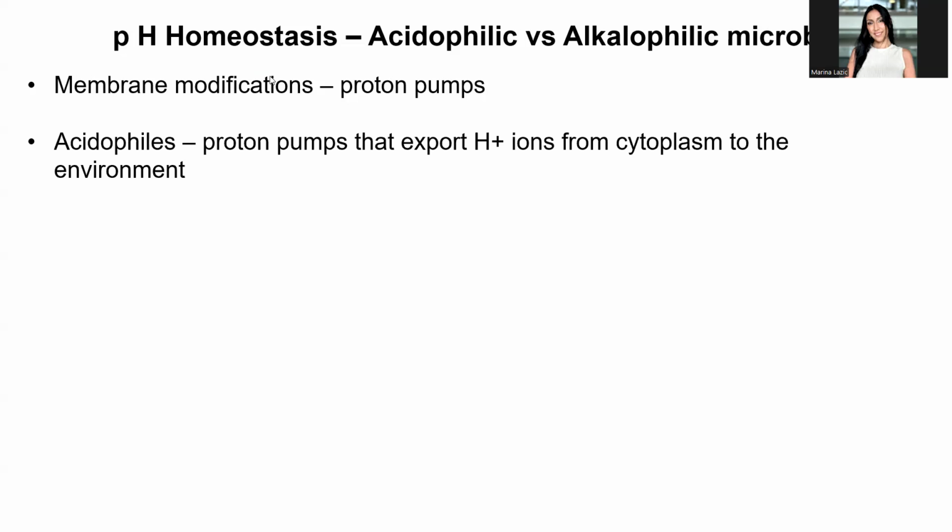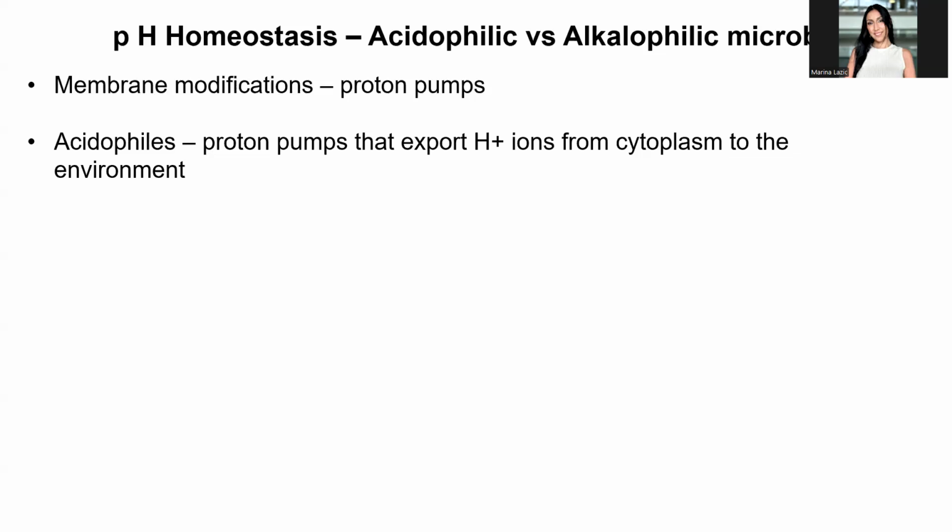So acidophiles, those organisms that live at low pH, have certain proton pumps. Those are integral membrane proteins that export H plus ions from the cytoplasm into the environment. Why is that? Because if they live in a low pH environment, that's an area that has a lot of protons.